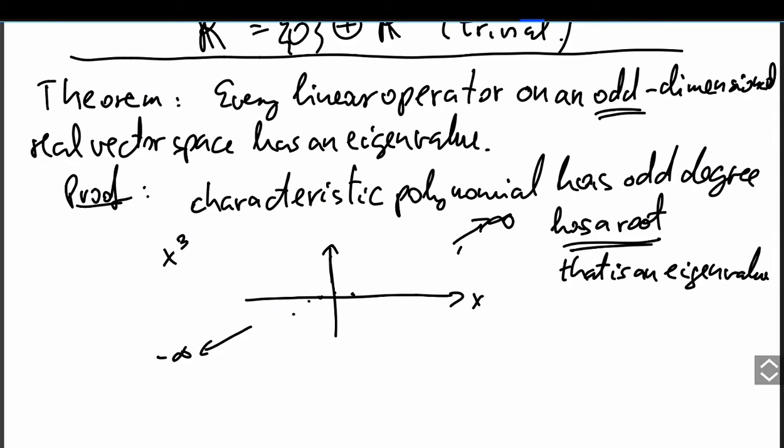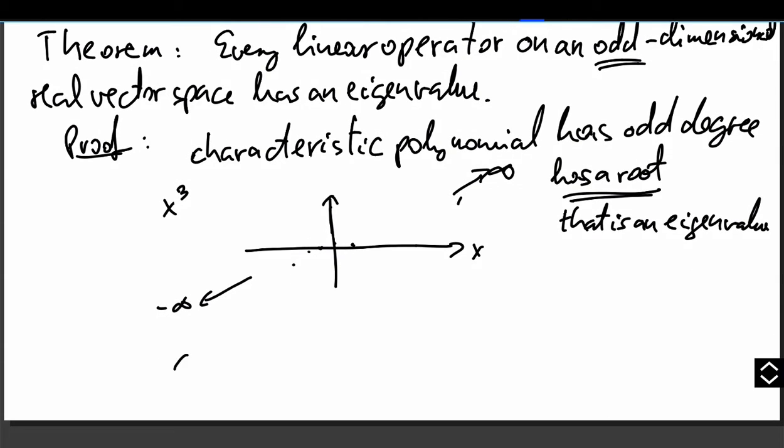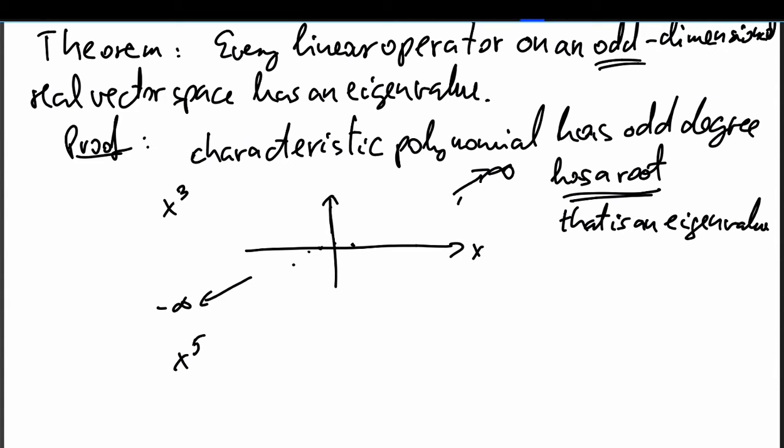So this is true no matter what the leading coefficient is and what the odd degree is. Actually, for characteristic polynomials, the leading coefficient is supposed to be 1, or minus 1 by the way, because it's based on A minus xI. So we are subtracting x and we have an odd number of them.